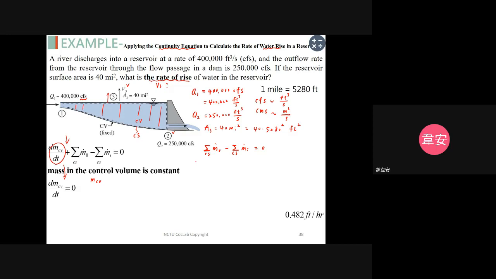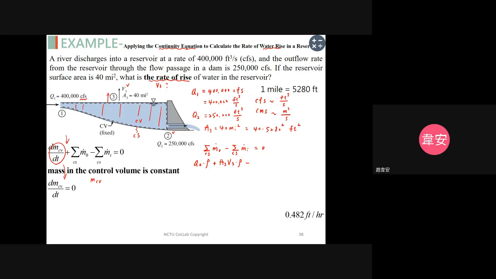For the outflow, we have Q2 multiplied by the density rho, plus A3 multiplied by V3. V3 is our rising rate, multiplied by rho. These are the two items related to the outflow, and minus the inflow.